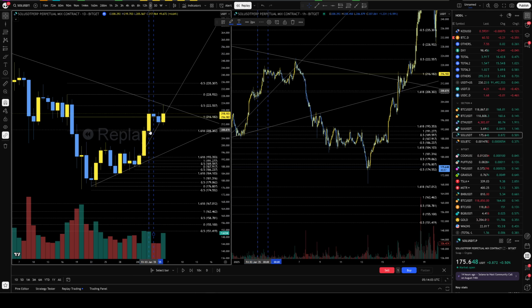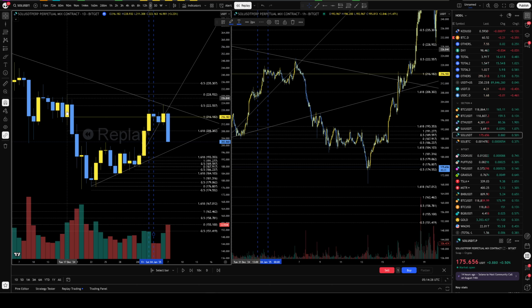No. So that candle opened, it went up to the 1, it failed to get back to the 1618, then it went up to the 0.5, and then it must have come back down afterwards. So let's just play that on. Yeah, there it goes. So moves the trend, comes back down.